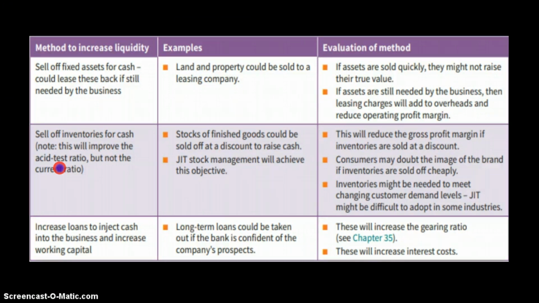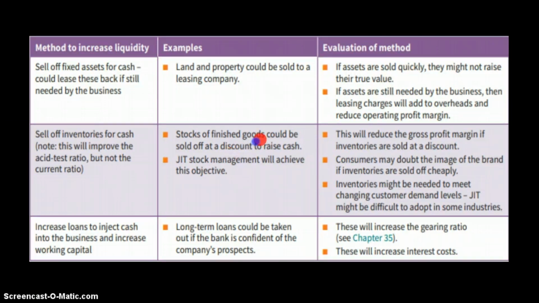We cut off the inventories from our current assets. So that will improve your acid test ratio, but not the current ratio, because the current ratio includes both inventories and cash. So whether it's in the form of cash or inventories doesn't matter in the current ratio, because that will still remain the same. So this method is only for improving your acid test ratio, your quick ratio.